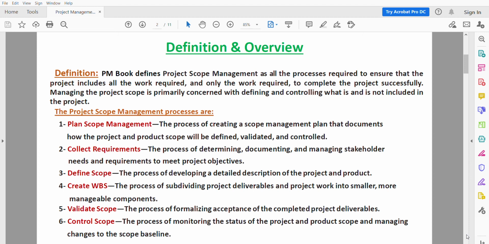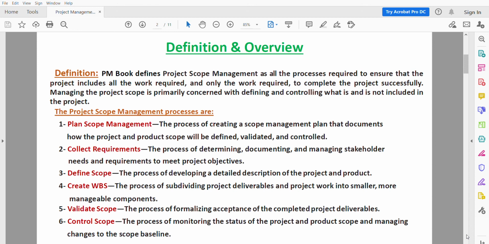This definition is taken from the PMBOK, the Project Management Body of Knowledge. The PMBOK defines project scope management as all the processes required to ensure that the project includes all the work required and only the work required to complete the project successfully.